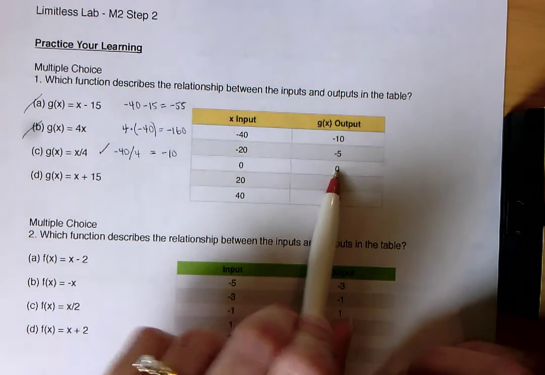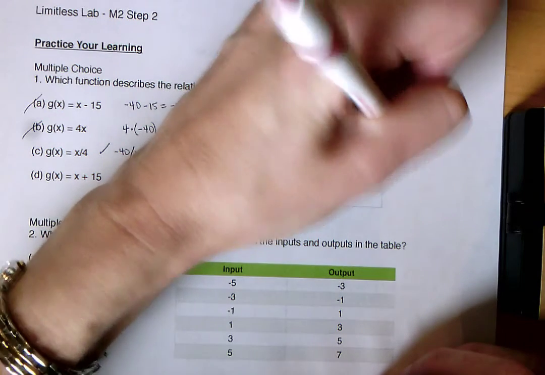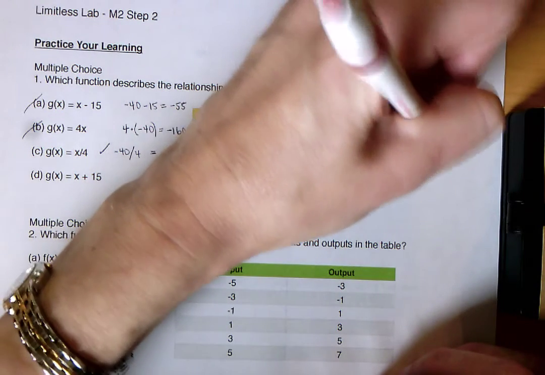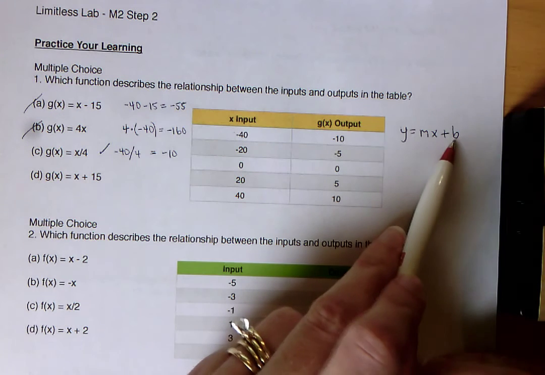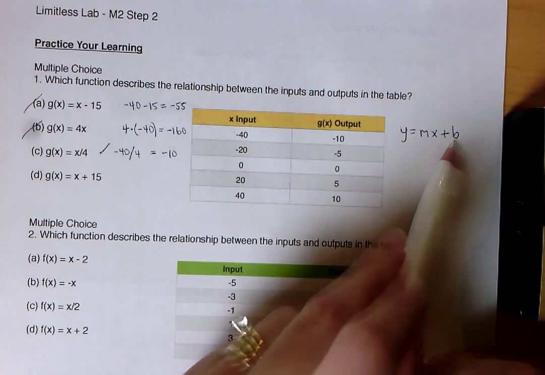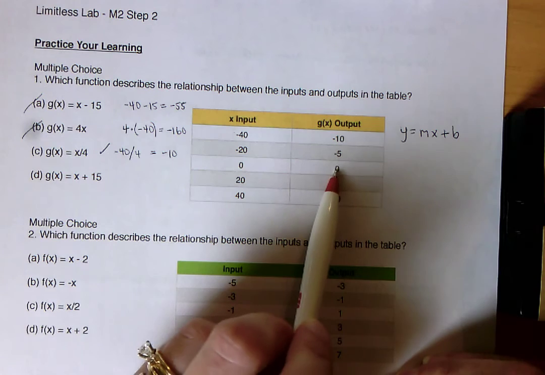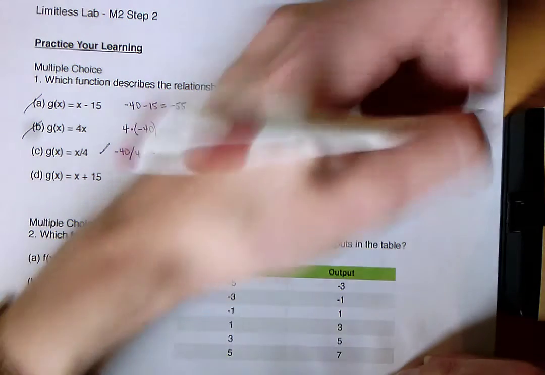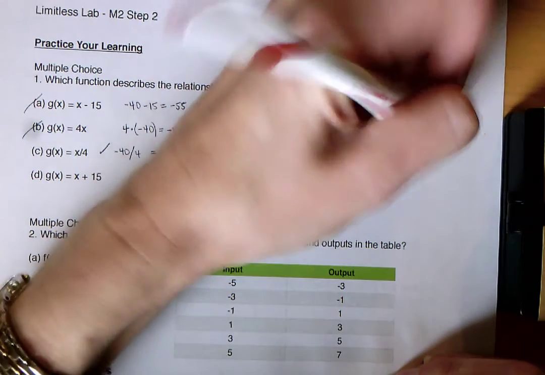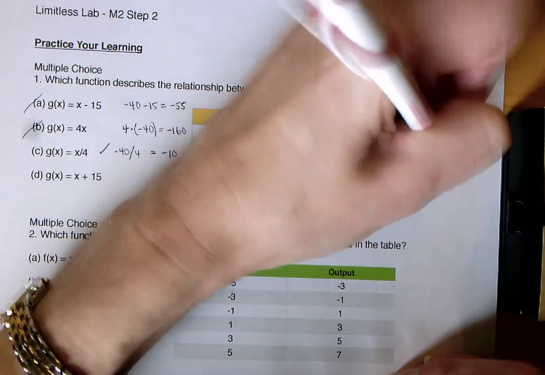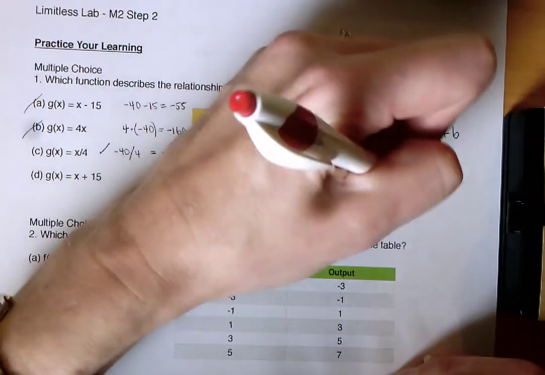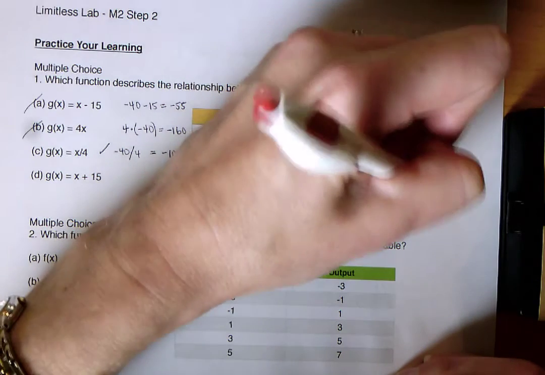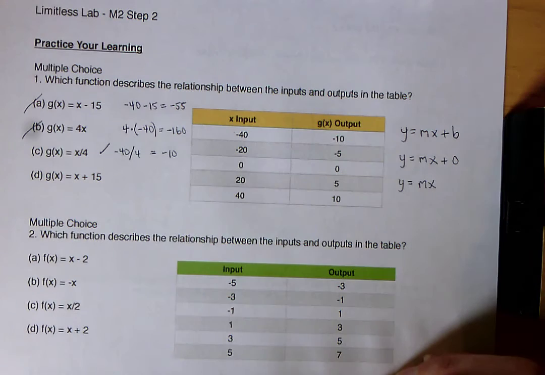So automatically, if you're creating an equation that looks like y equals mx plus b, where b is your y-intercept, I can already see that the y-intercept is 0. So my equation is just going to be like that.